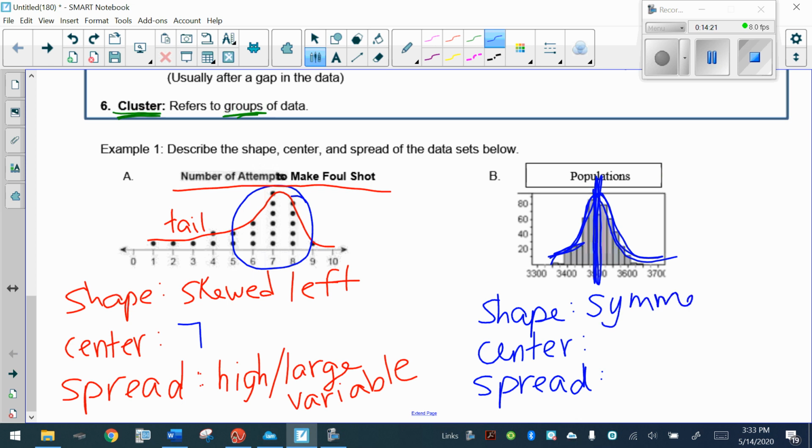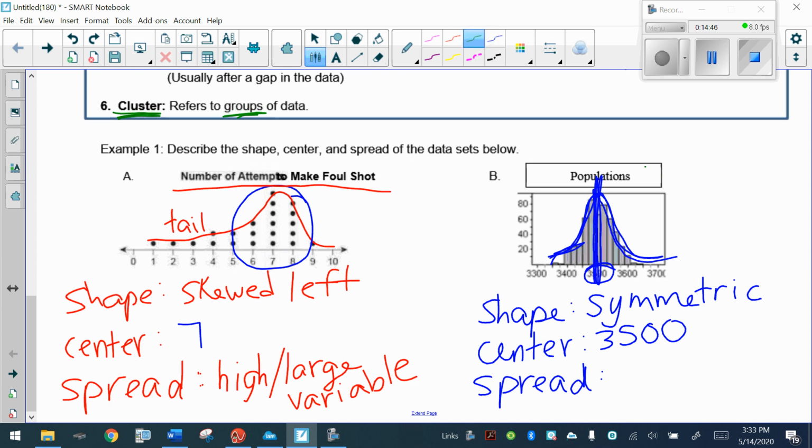So this is a symmetric shape. So then the center is pretty easy to find. If you're roughly the same on both sides, then the center is going to be right in the middle. So this is 3,500. And then we have the spread.